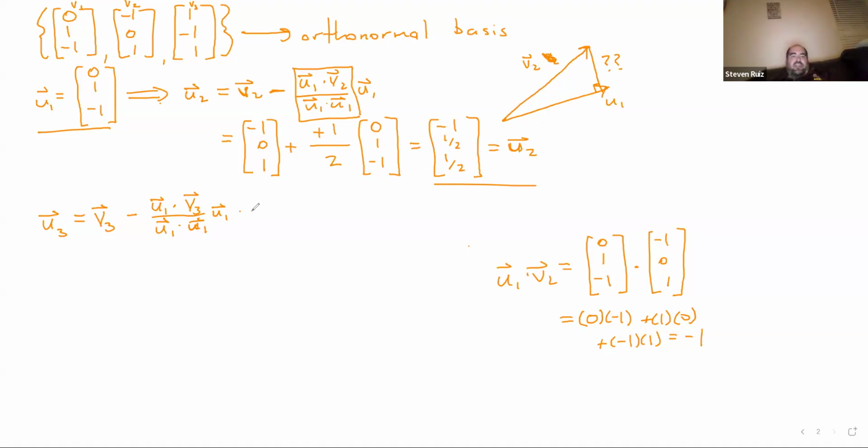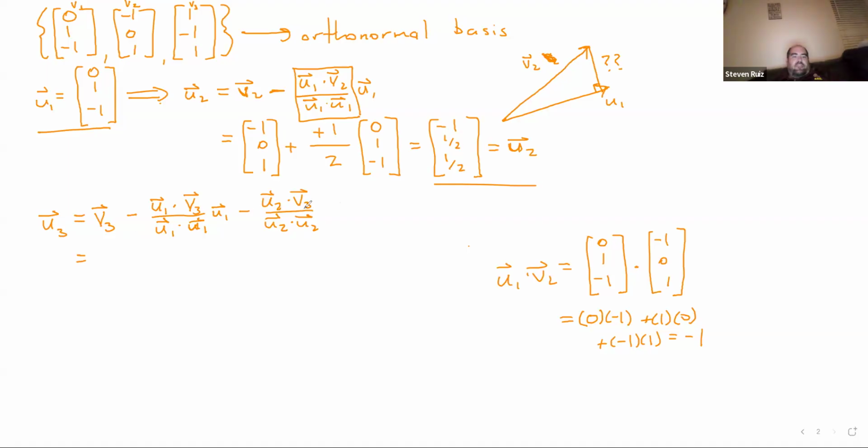But there's a second vector I got to avoid as well. So I'm going to dot U2 with V3. The more vectors you want to make, we build them one at a time. So with each new vector, you have to avoid sharing any kind of direction with the previous vectors.